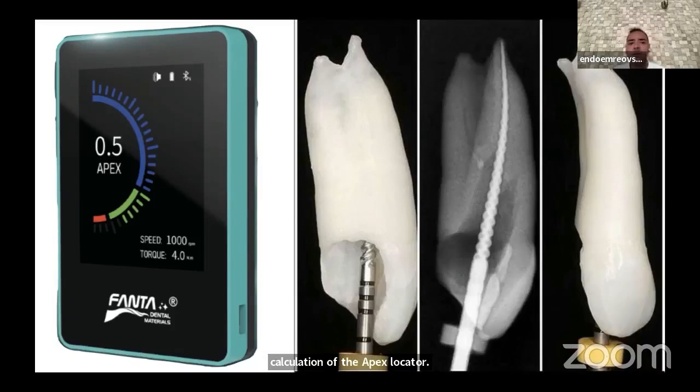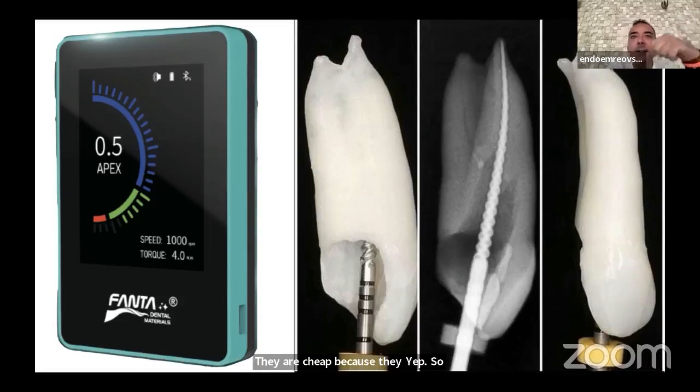But in the endodontic market, it's very hard to say that every apex locator is accurate. The price of the apex locator changes the accuracy level. If you have cheap apex locators, they are cheap because the chip inside the apex locator is cheap.